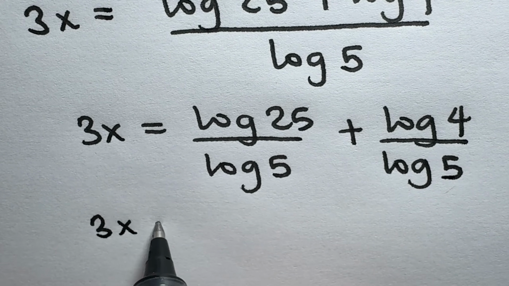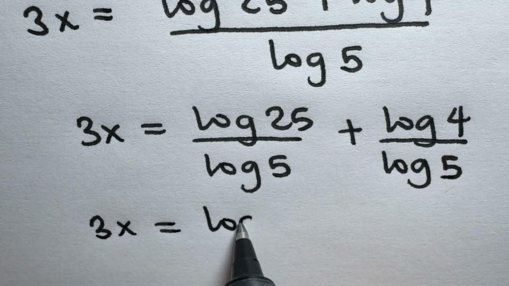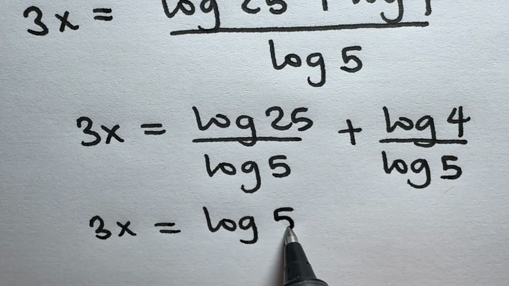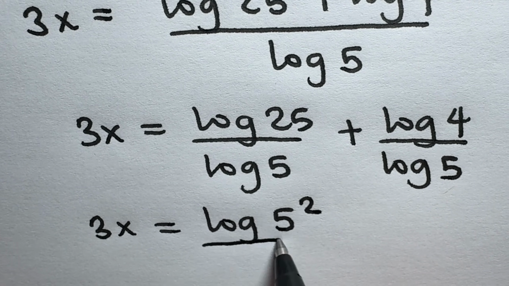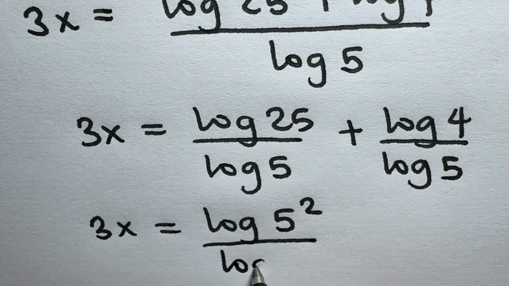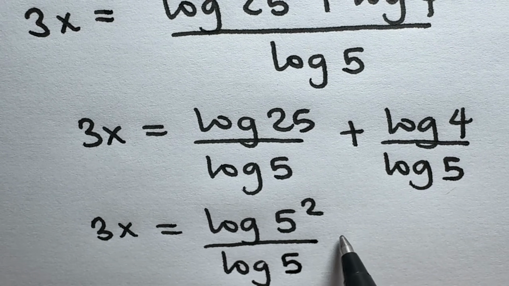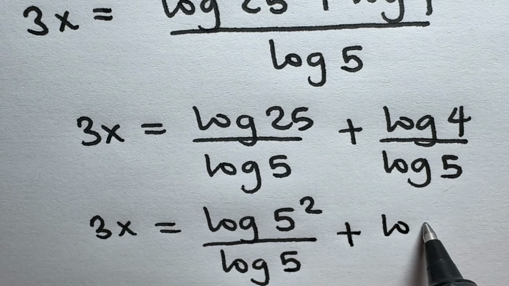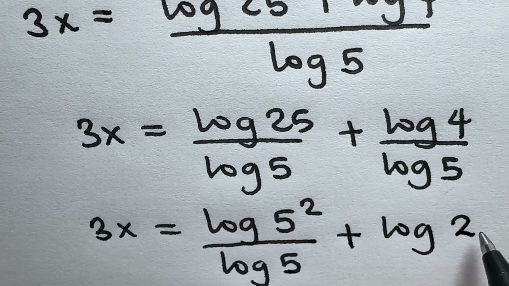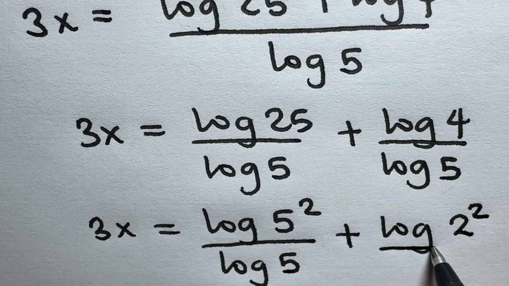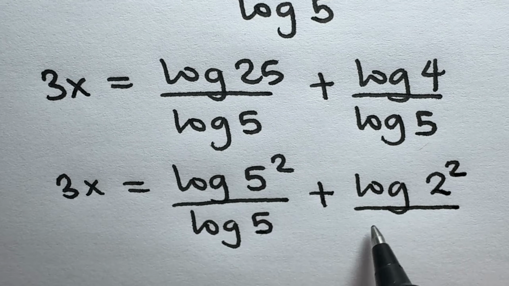We have 3x is equal to log 25 is 5 raised to power 2, then divided by log 5, then plus log 4 is 2 raised to power 2, then divided by log 5.